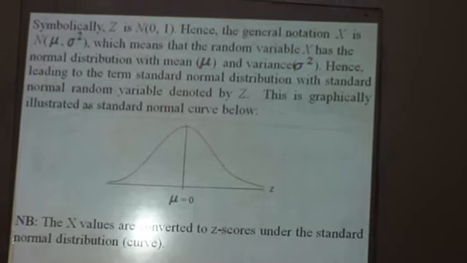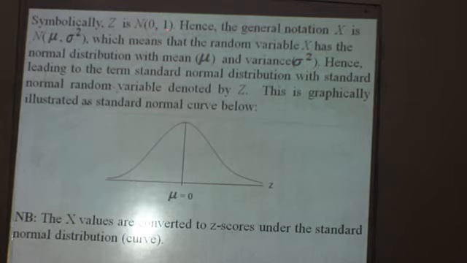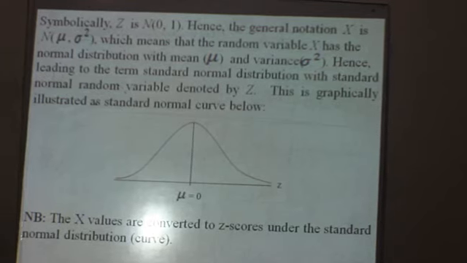Now, symbolically, it is written as z is N(0, 1). But when you are talking in terms of the random variable x, then we say x is normally distributed with mean and variance of the population, which means that the random variable x has a normal distribution with mean and variance, as I've already explained.